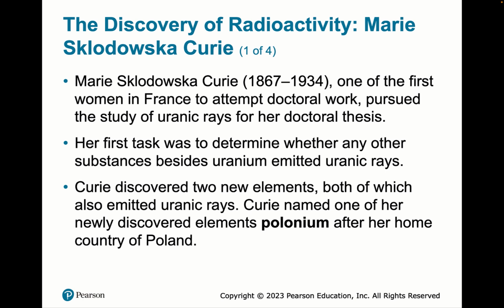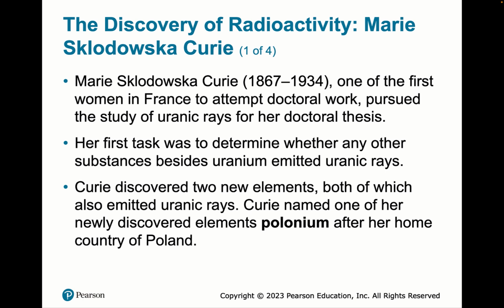Also, Marie Curie. Marie Curie is an amazing scientist. I cannot extol her enough. She earned 2 Nobel Prizes and discovered 2 elements. Of course, she named a very dangerous one, polonium, after Poland, where she's from.